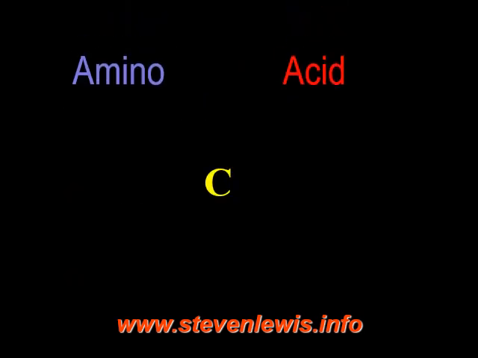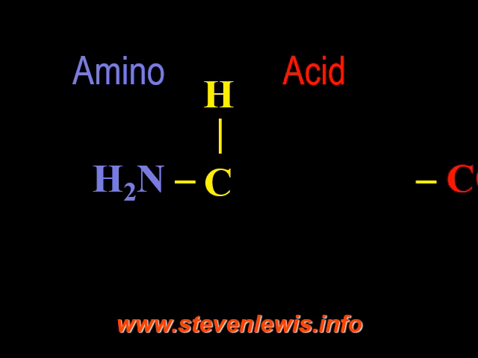In this generic amino acid, we have our central carbon. To the central carbon will bond 4 groups. One of the groups is a mere hydrogen atom. Next, we'll add the amino group and bond it to the central carbon. Now we'll bring in the carboxylic acid group and bond it to the central carbon.